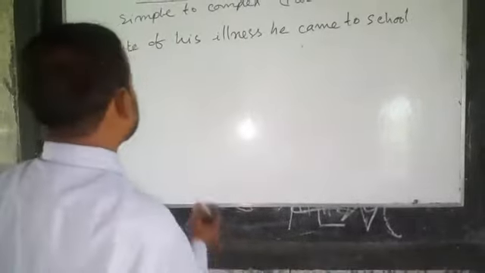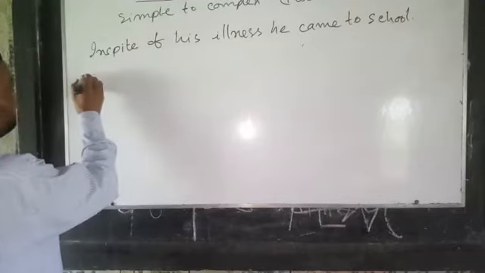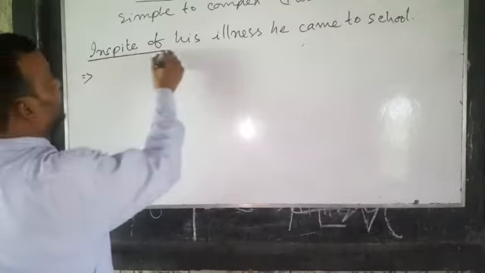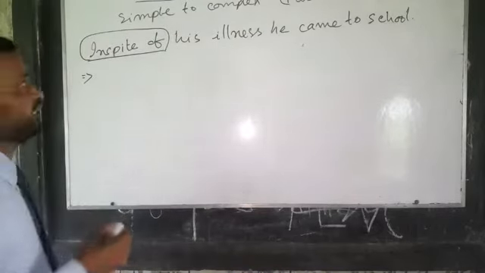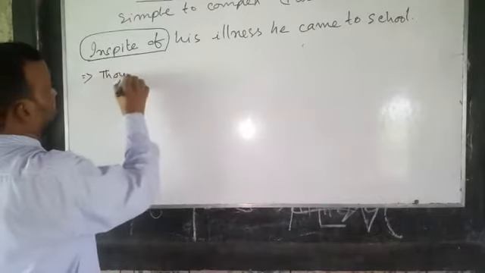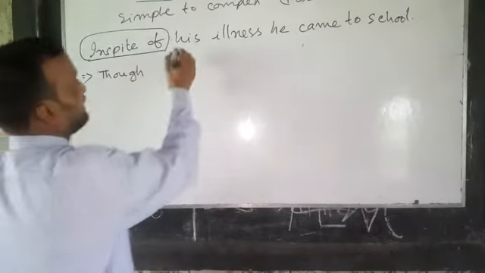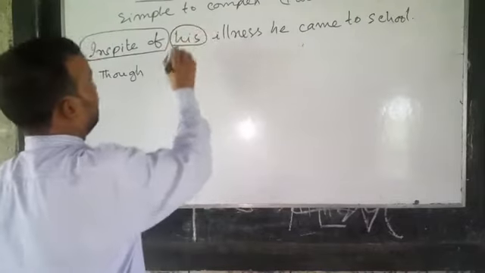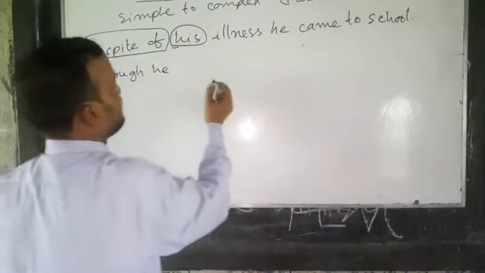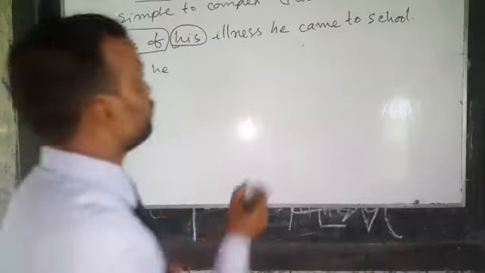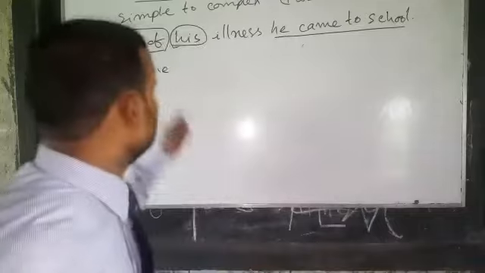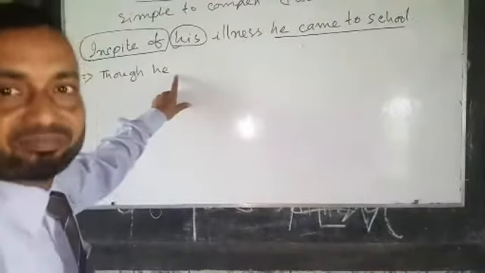How can we change it? At first, in place of "in spite of" or "despite," we can use here "though" or "although." Though, then from this possessive, we have to use a subject. Though he, and according to the tense of the principal clause, we have to use a be verb.